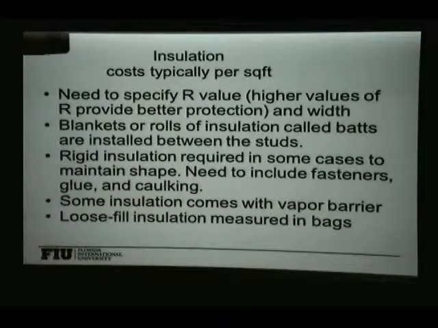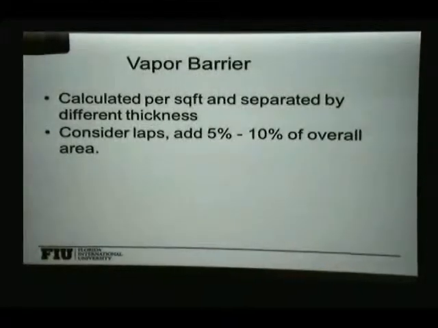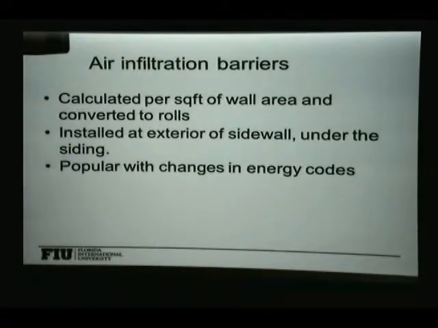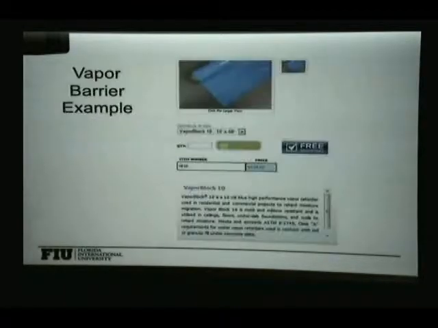Some of these insulators can also come with vapor barriers to prevent moisture from getting inside the building. The vapor barrier by itself can be estimated by square feet. It could have different thicknesses, so you will basically separate them by thickness and materials.